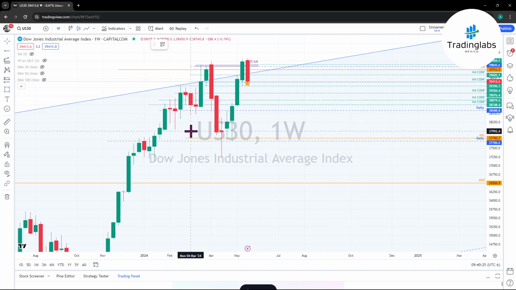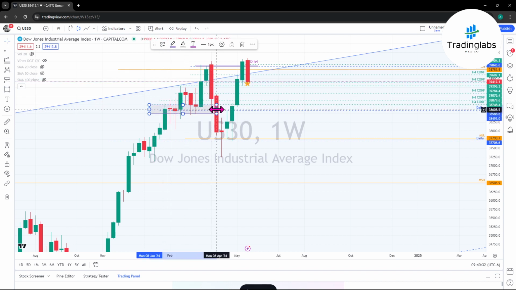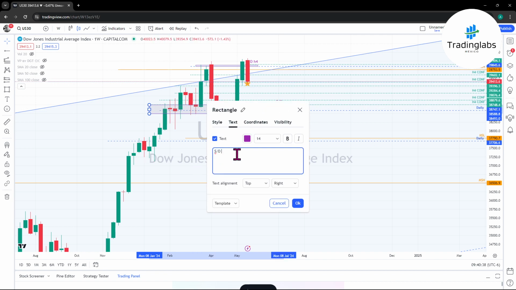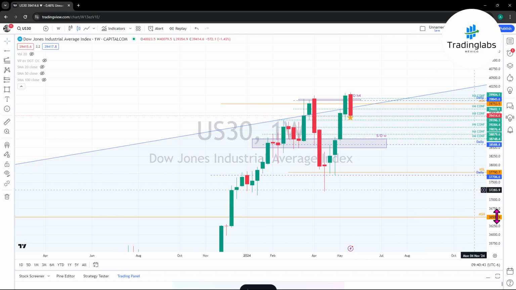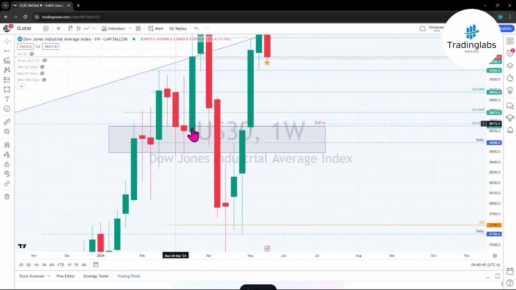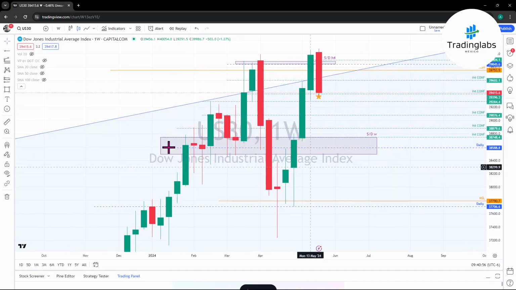In the weekly, I see, for example, this is weekly supply. Now I will show you why it's weekly: because we are in the weekly time frame, and I'm making this drawing based on this candle and this push up, a demand zone. I will show you everything that I know.